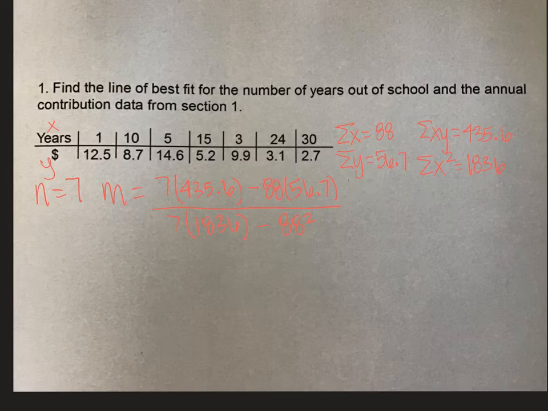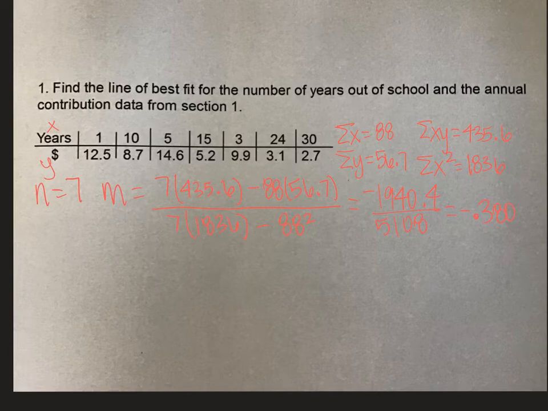So I end up with negative 1940.4 in my numerator and 5108 in my denominator. And if I divide those, I end up with about negative 0.380.